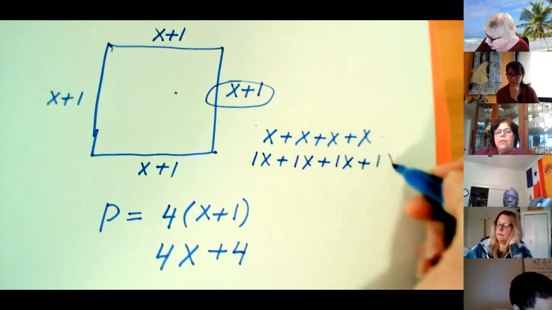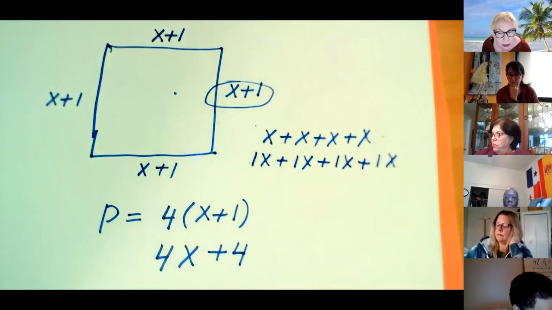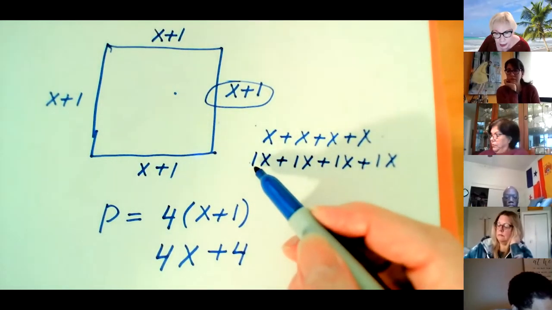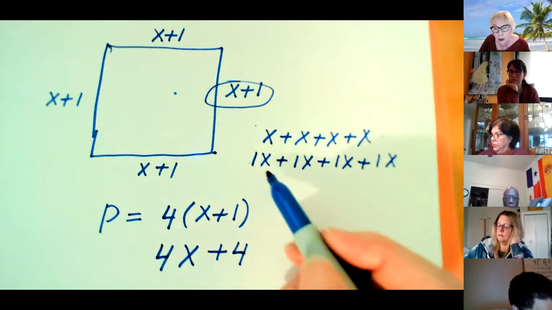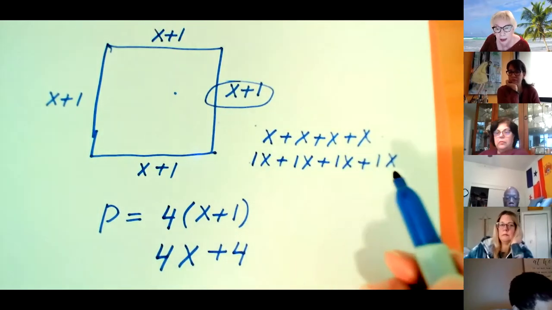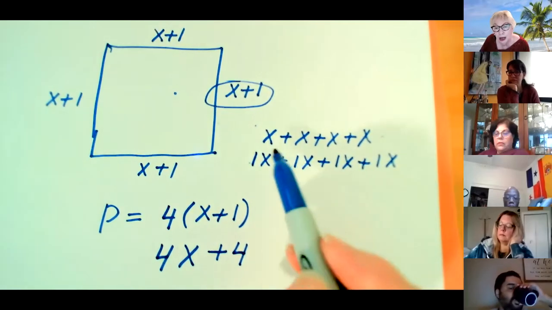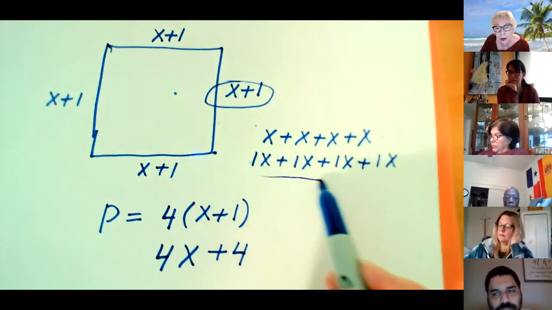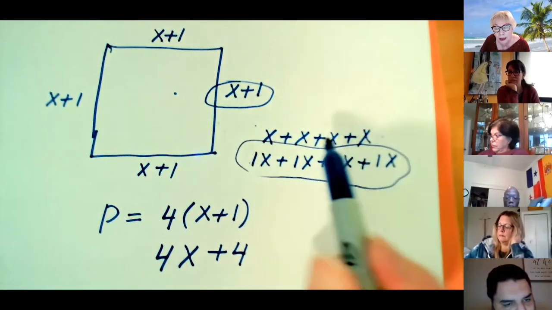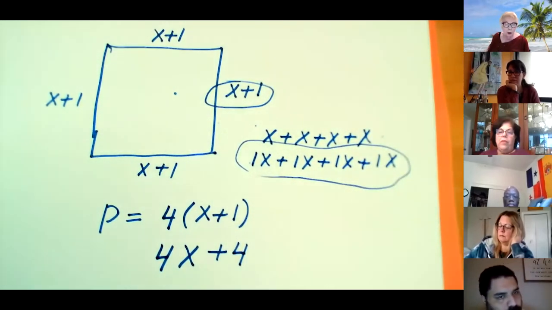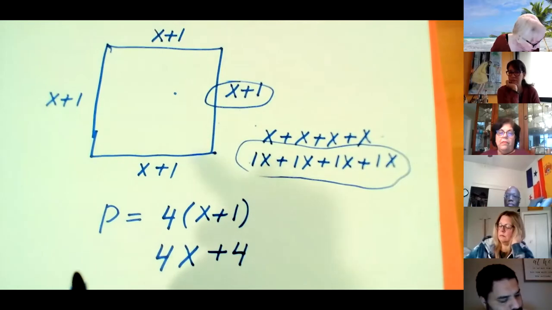So we never forget when we see X, the other way it amounts to is 1X, which makes it easier to see that 1 and 1 and 1 and 1 make 4X. And so I think whether you had to write this or not, eventually you get used to that's 1, 2, 3, 4, 4X, but I wanted to point that out.